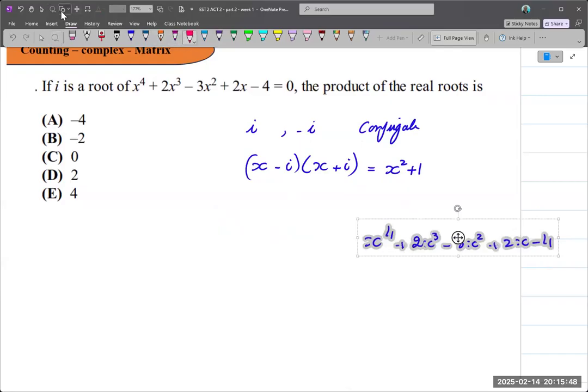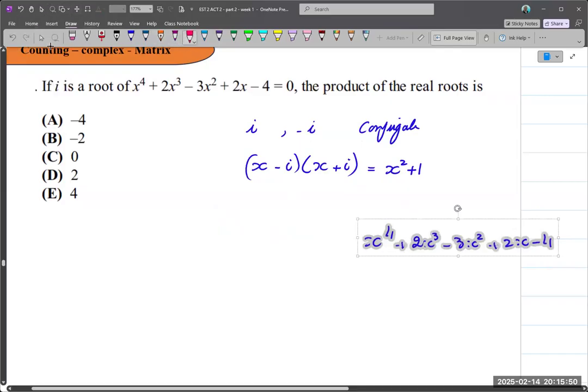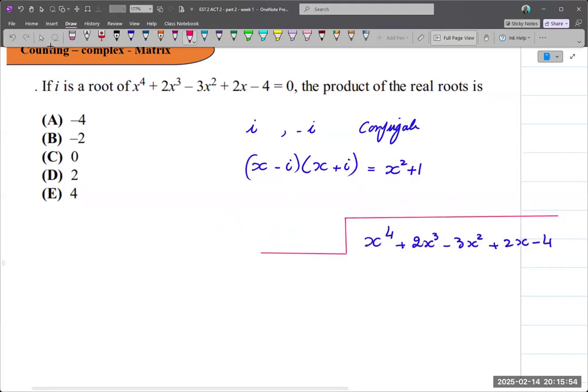Okay. And we will divide it by x squared plus 1. x to the power 4 divided by x squared, we will have x squared. x squared times x squared is x to the power 4. x squared times 1 will be x squared. And we have to put it under the x squared terms.